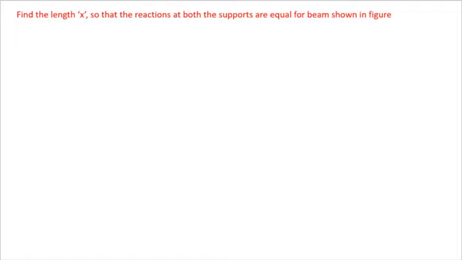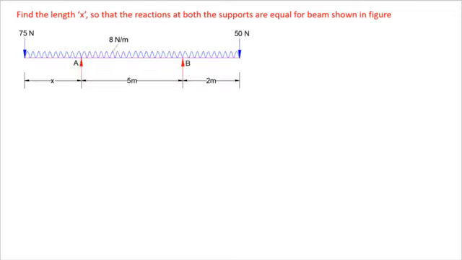Next, find the length x so that the reactions at both the supports are equal for the beam shown in the figure. So this is the given. I need to find x in such a way that Ra must be equal to Rb.